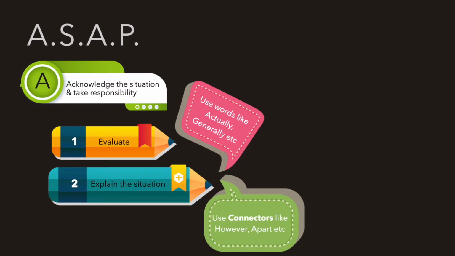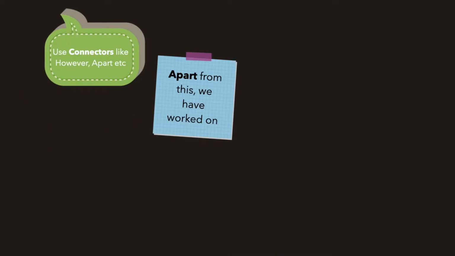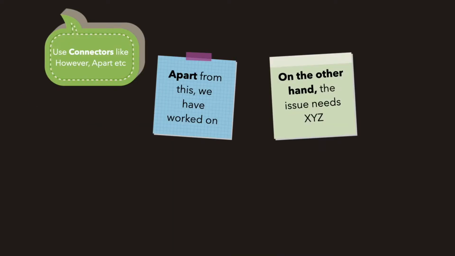Now the second tip is to use connectors. These are the words which join sentences and maintain a flow of the message. But why are they important? Well, they bring in a lot of clarity to the message, like, apart from this, we have worked on. On the other hand, the issue needs XYZ.